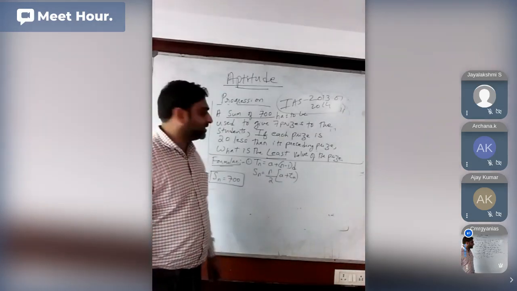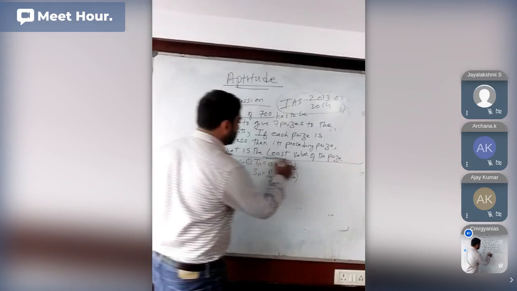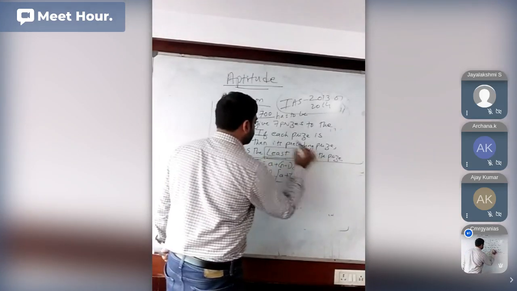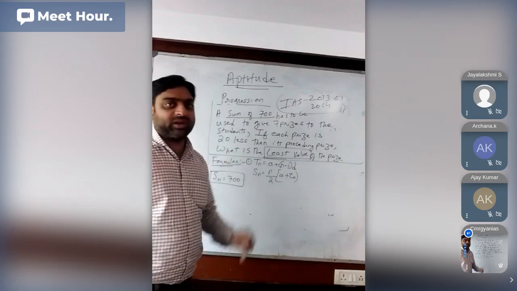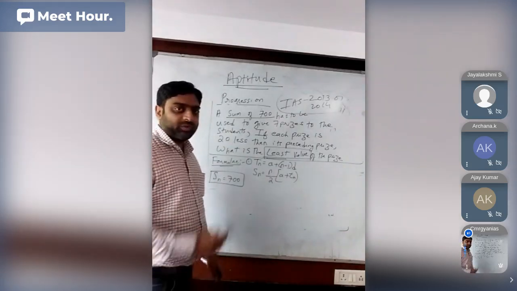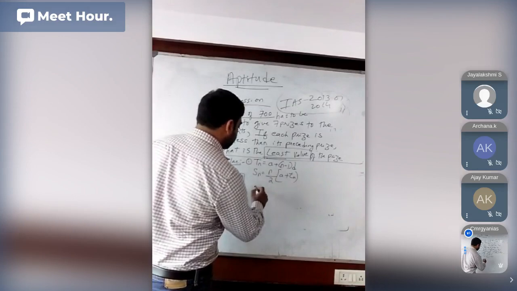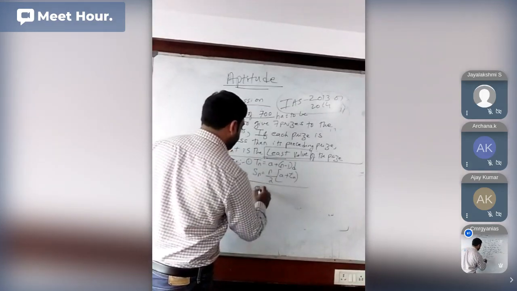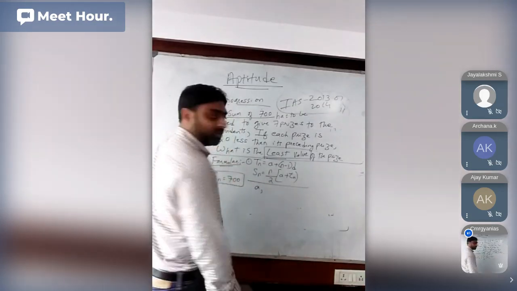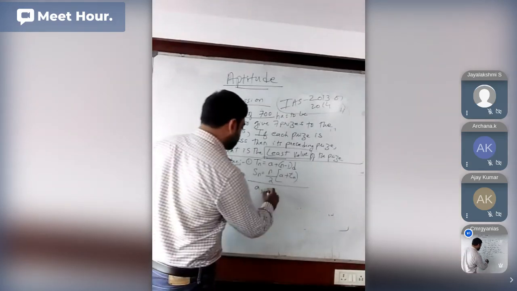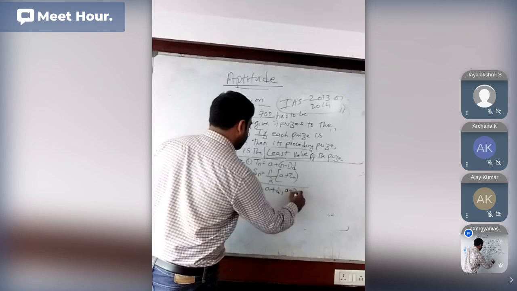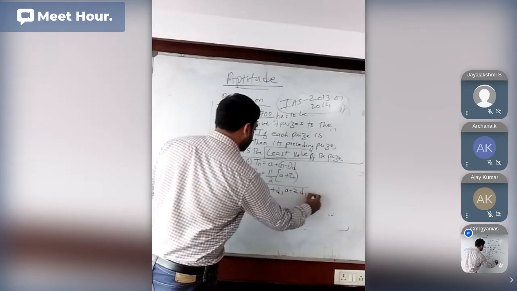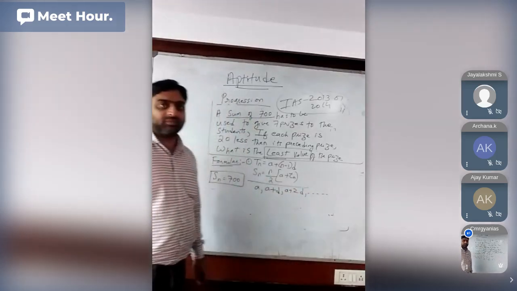What are they asking us? They are asking us what is the least value. I already gave you the sequence of how an arithmetic progression will be. First term A, second term A plus D, third term A plus 2D, and it goes on.